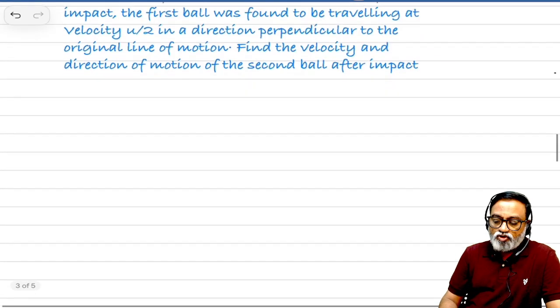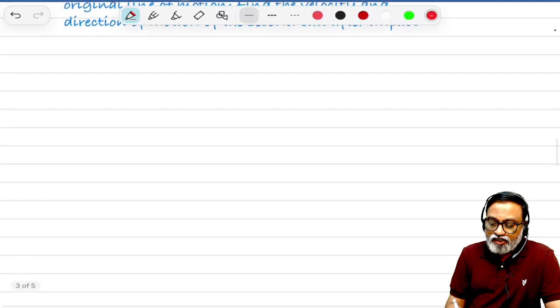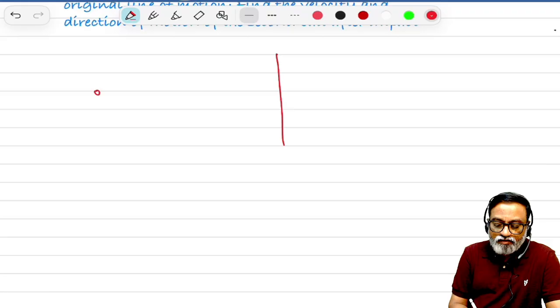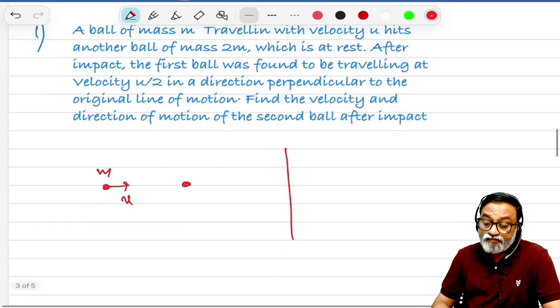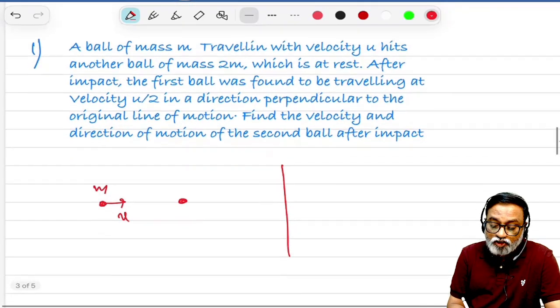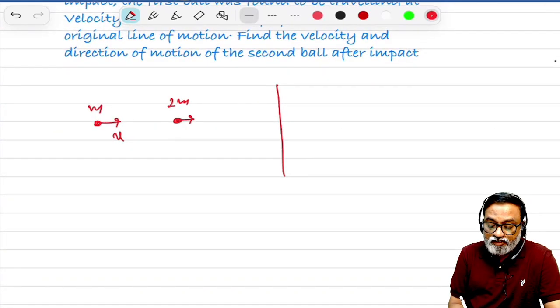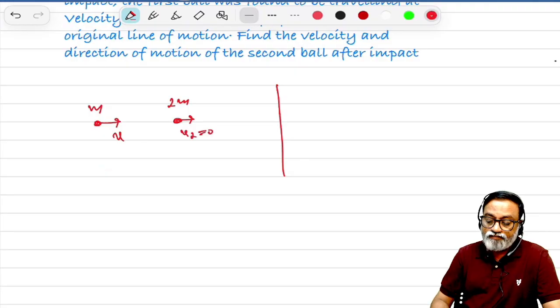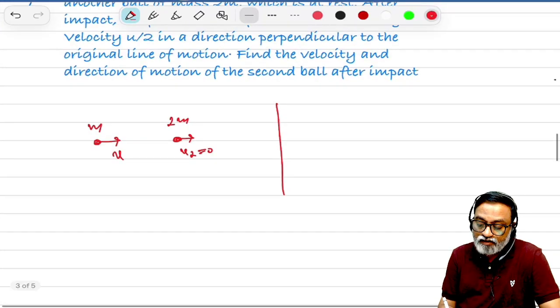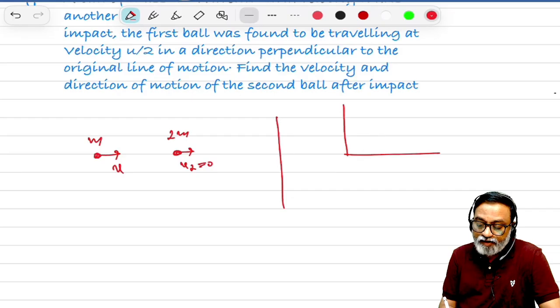See, for this problem, you have to draw the diagram first. See, this is before collision. This is mass m moving with velocity u, and this is mass 2m. It is at rest, meaning u2 is 0. After collision, the first body moves perpendicular to the initial velocity direction.